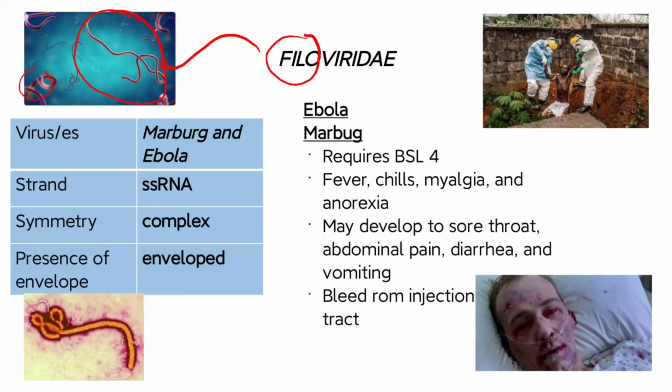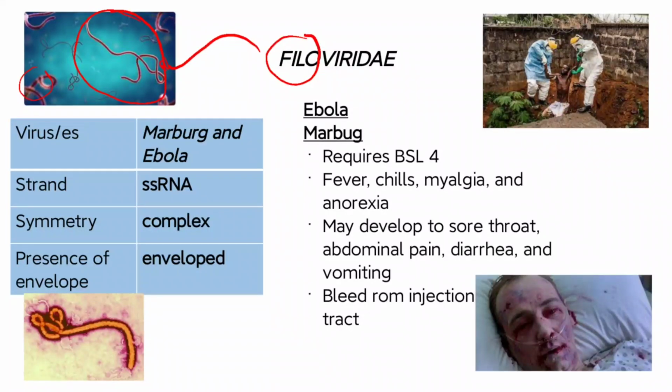So, Ebola tsaka Marburg, they require the BSL or the Biosafety Level 4. Okay? And then, ang mangyayari sa patient is fever, chills, myalgia, and anorexia. Tapos, it will also develop to sore throat, abdominal pain, diarrhea, and vomiting.